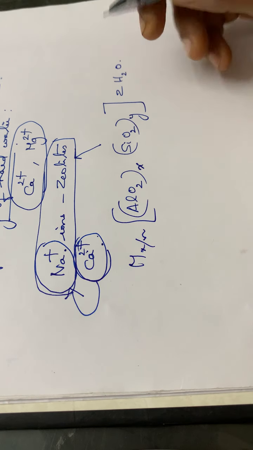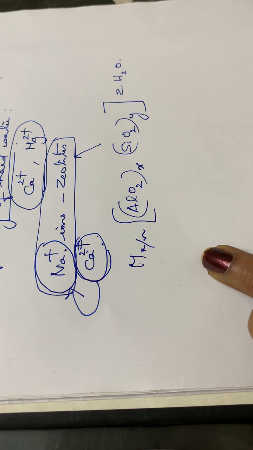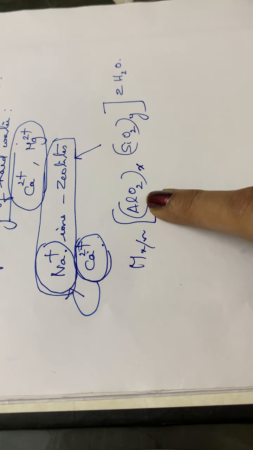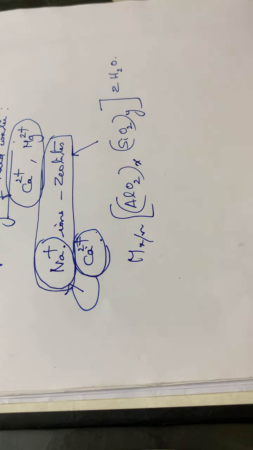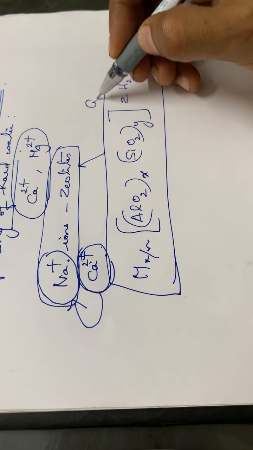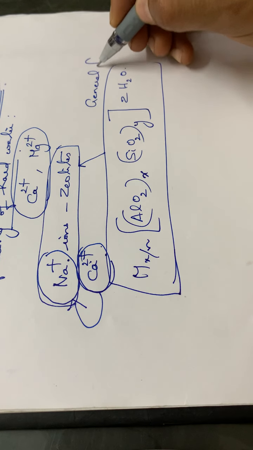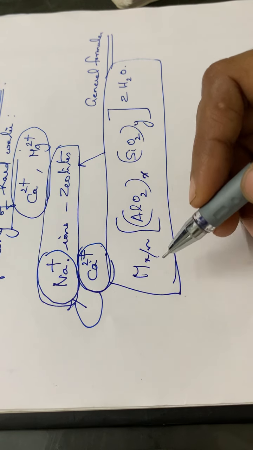So this is the general formula for the zeolite. Okay, then we can go through one by one.